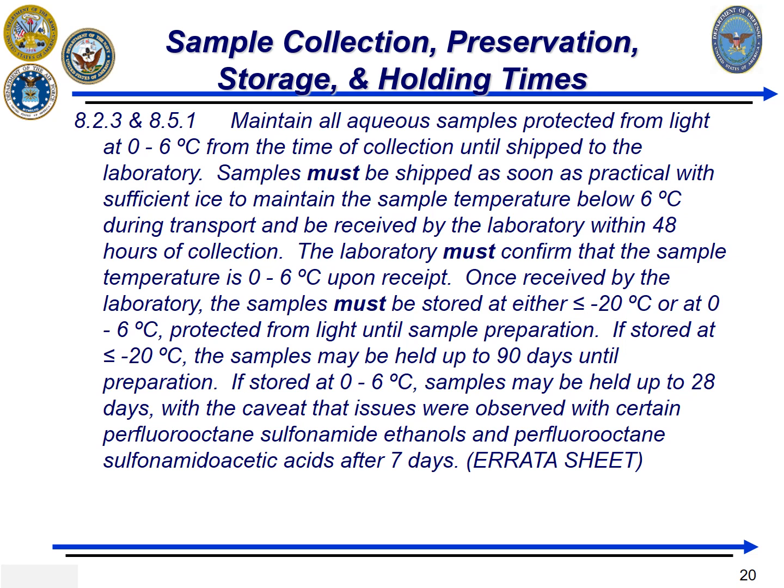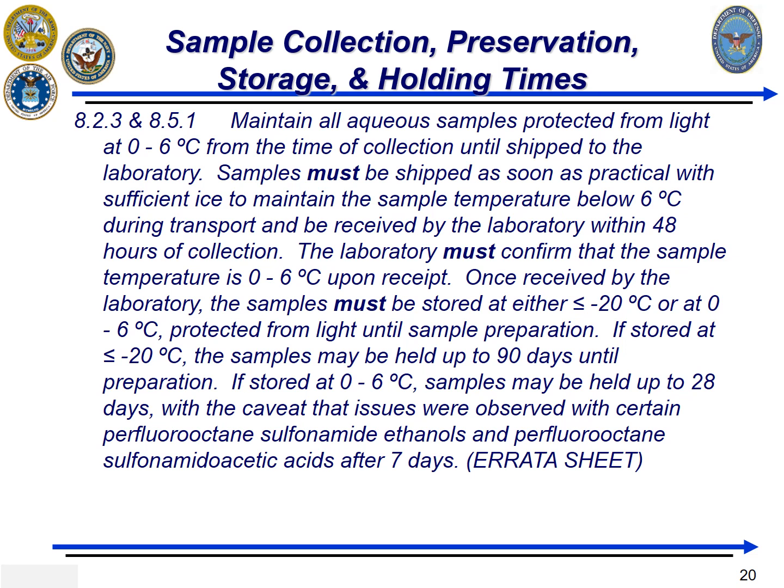This is a change from the published method, which stated that all samples must be stored at less than or equal to negative 20 degrees C. So you have an option, either 0 to 6 degrees C or less than or equal to negative 20 degrees C. If the samples are stored at less than or equal to negative 20 degrees C, the samples may be held for up to 90 days until preparation.